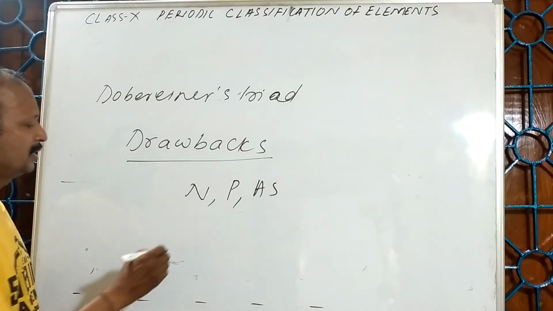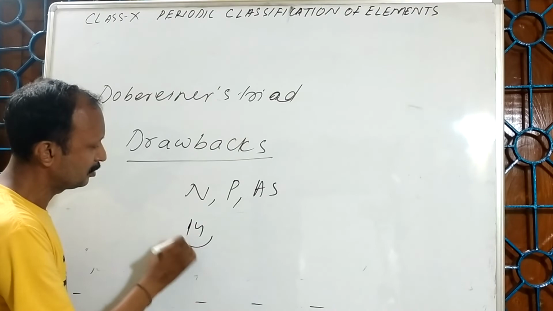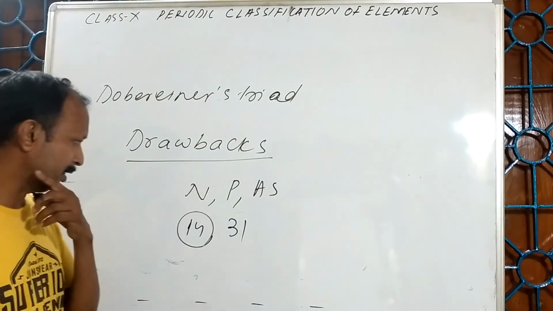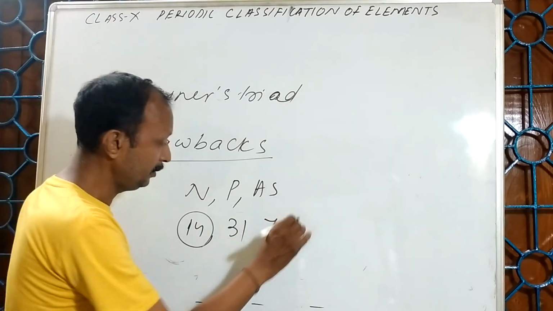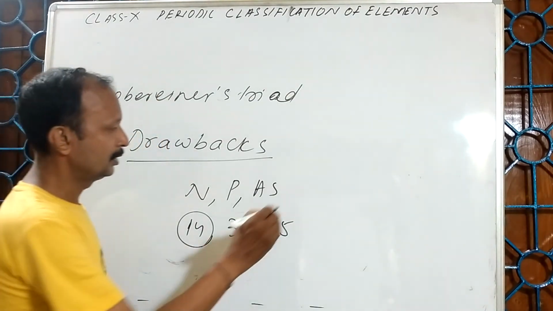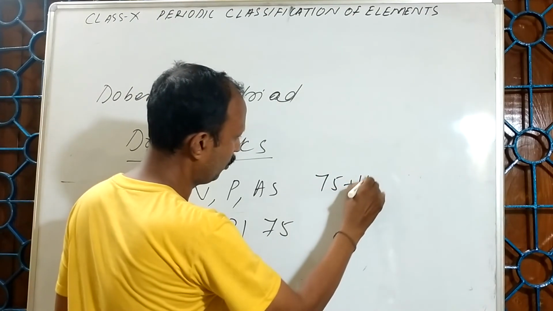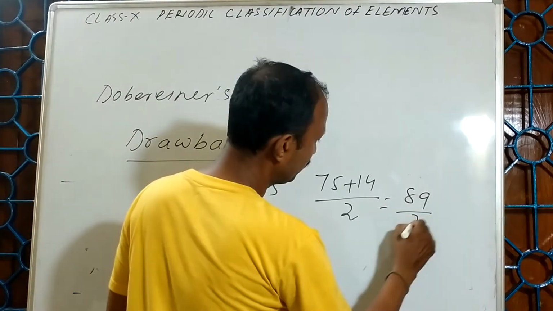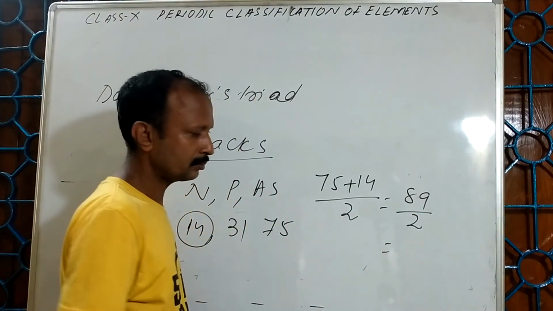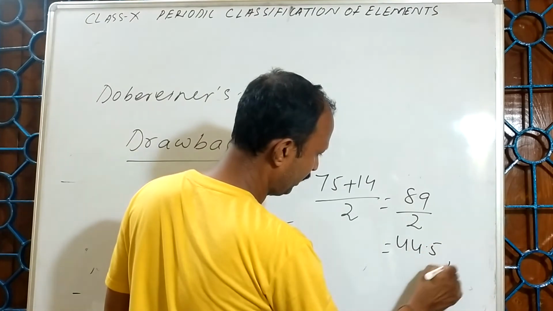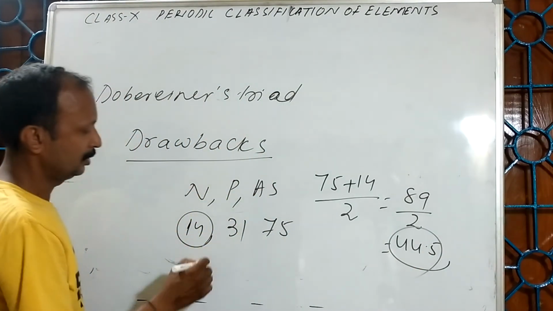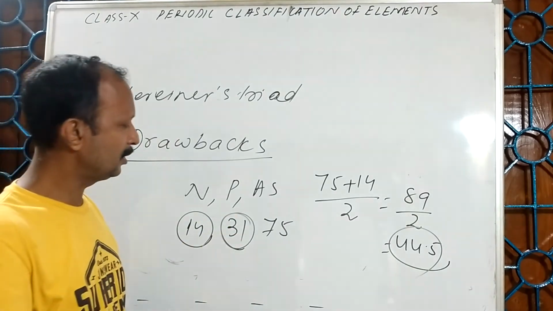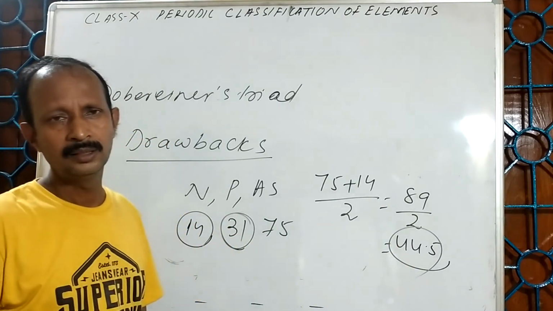The reason is that nitrogen atomic mass is 40, phosphorus atomic mass is 31, arsenic atomic mass is 75. If I add 75 plus 40 divided by 2, that means 89 by 2 is equal to 44.5, which is not equal to 31. It is also not near to 31.